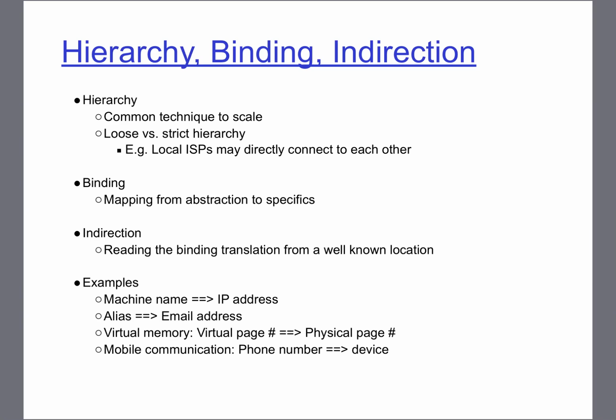So that's where this concept ties in. So hierarchy has to do with scaling. For example, if you have a bunch of resources and you want a way to distribute, say, computation or organized information, then the common technique is to use hierarchy.